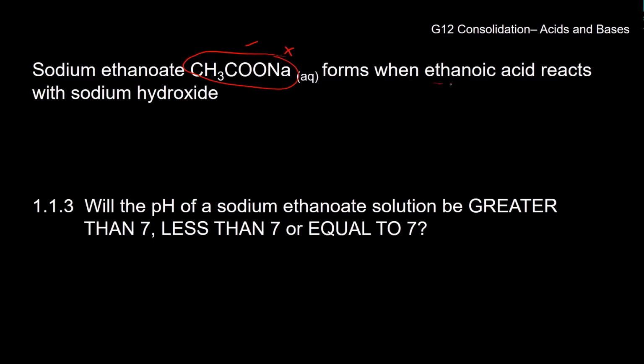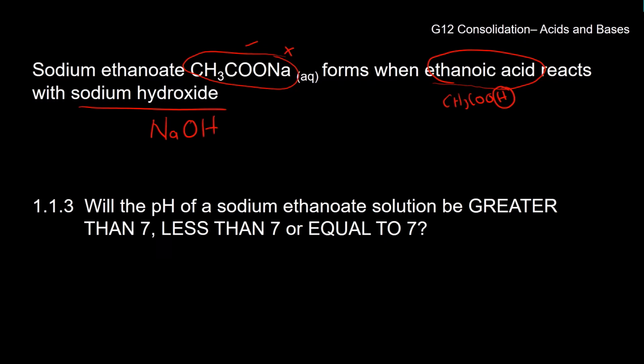So ethanoic acid, we know, is a weak acid, and its formula is CH3COOH. There we go. That H plus tells us that it is an acid. Sodium hydroxide, we know, is a strong base, and its formula is NaOH.